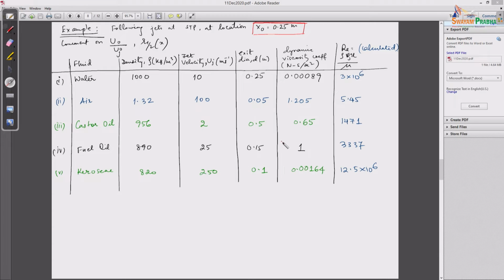We proceeded on this, and we had to comment on U naught by Uj and R half, the jet half width and the velocity, as a fraction of the jet velocity. These are the parameters which were given to us.